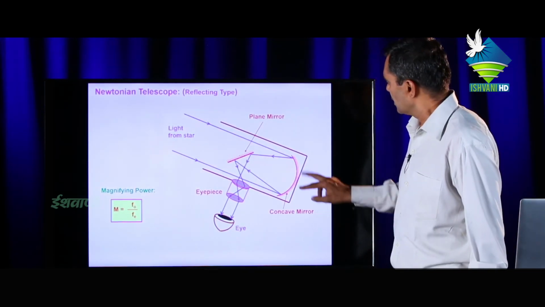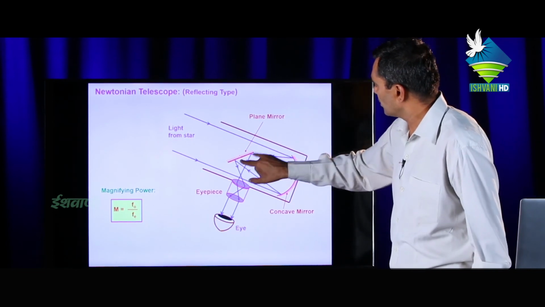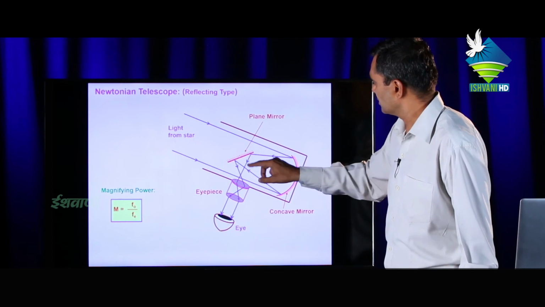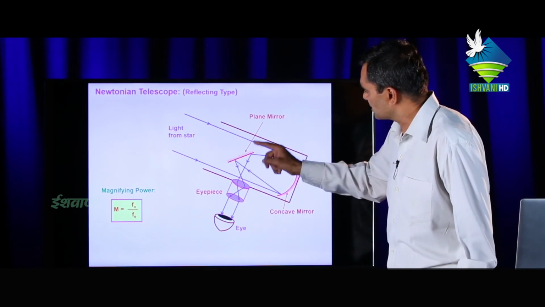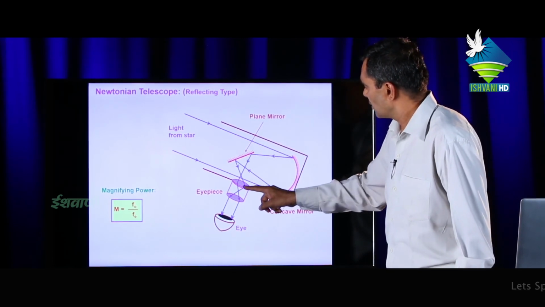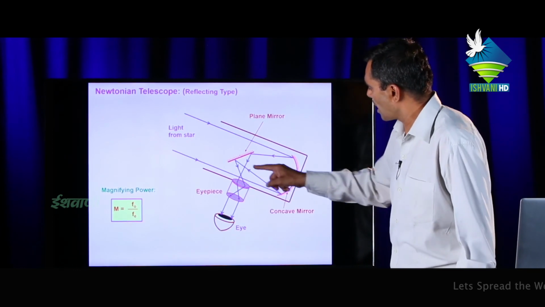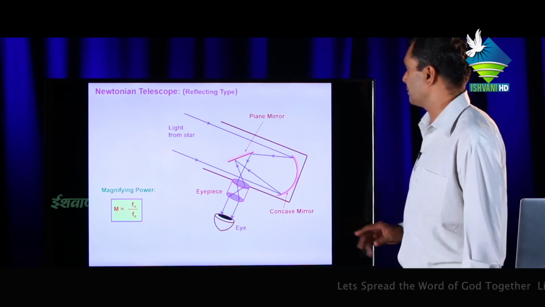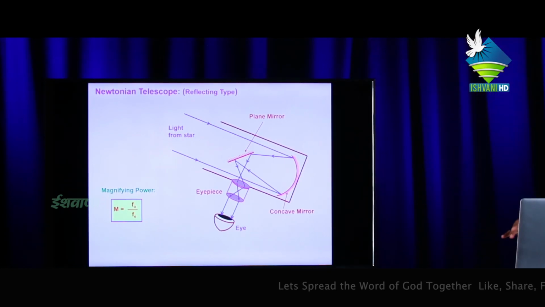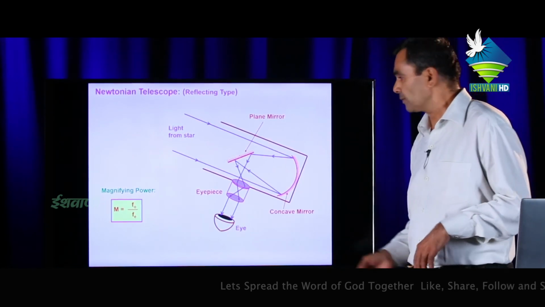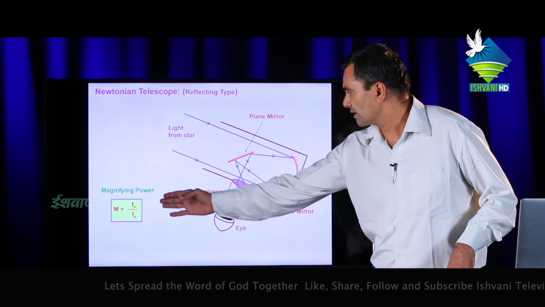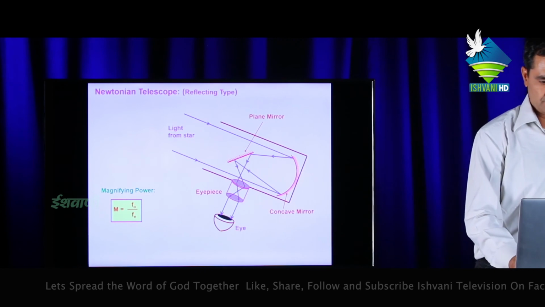From this mirror, light is incident on the plane mirror, and light reflected from this mirror is incident on this eyepiece, and light comes towards our eye. Means this is the reflective type telescope, and its magnifying power m equals FO upon FE.